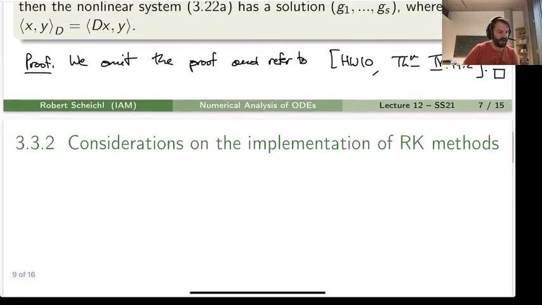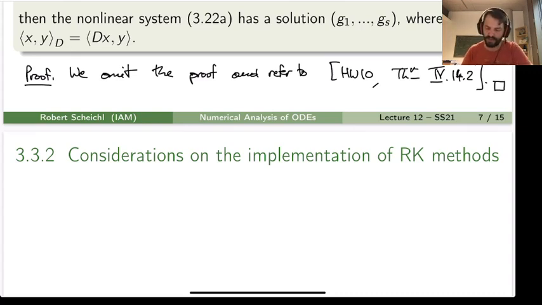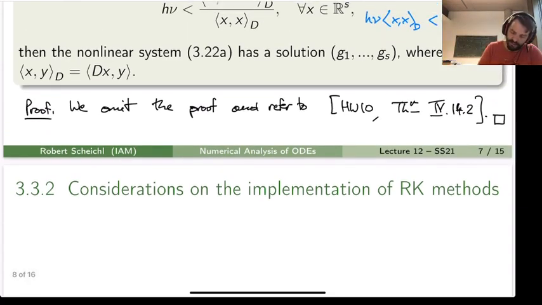But before I go to constructing good implicit Runge-Kutta methods, let me just do some considerations on the implementation of Runge-Kutta methods, because we will come across a problem with DIRKs.